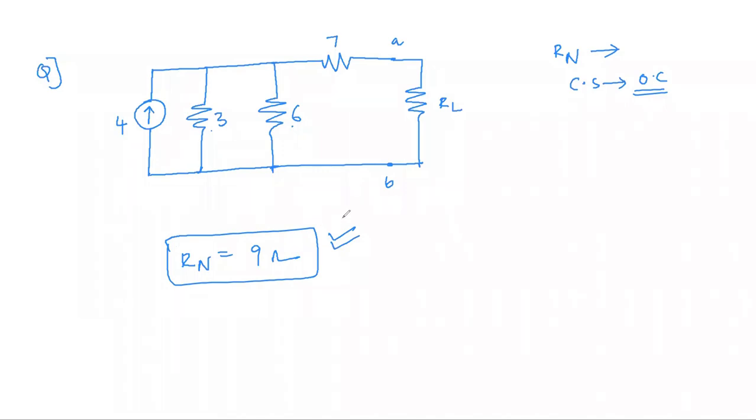Now this is disconnected, and we have to find I Norton. Our aim is to find I Norton. This is 4.